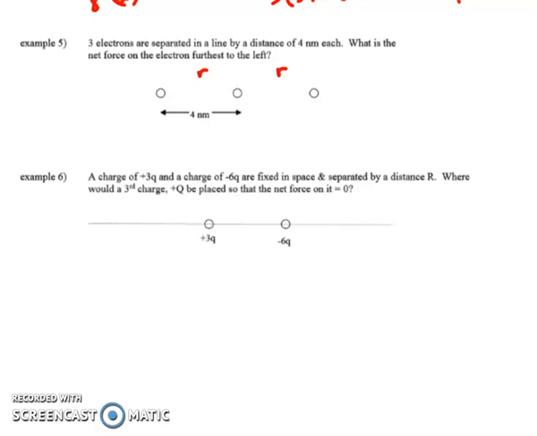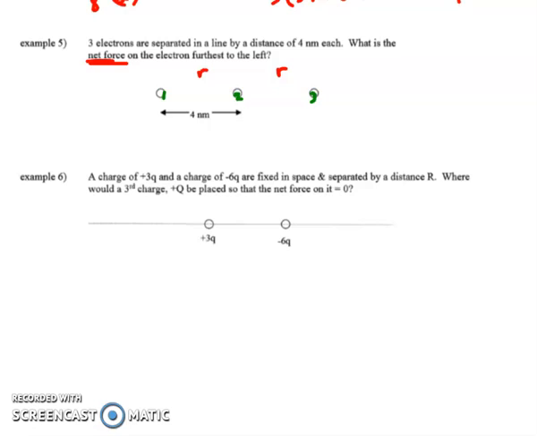There's R, and this is separated by R. And we want to know what is the net force on the electron furthest to the left, okay? So just for simplicity's sake, I'm going to call this 1, 2, and 3 so I keep track of them. The idea is this electron is feeling a force from the second one and from the third one. They're both trying to repel it.